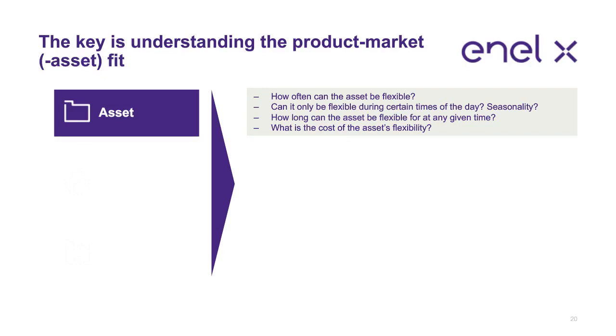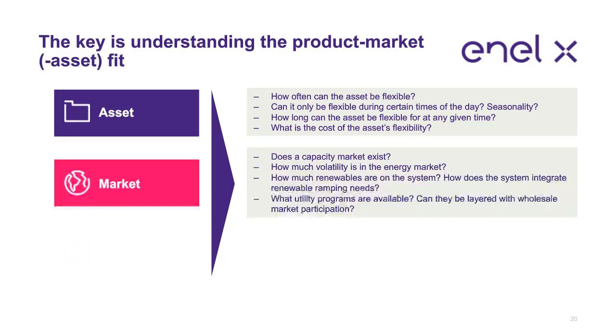Second, on the market side, think about whether a capacity market exists, how volatile the energy markets are, and what the growth rate of renewables is. These things will inform your ability to take advantage of certain products.